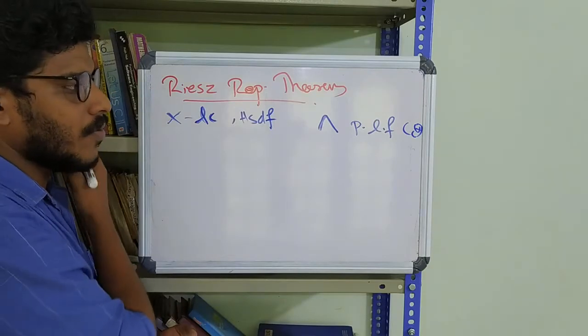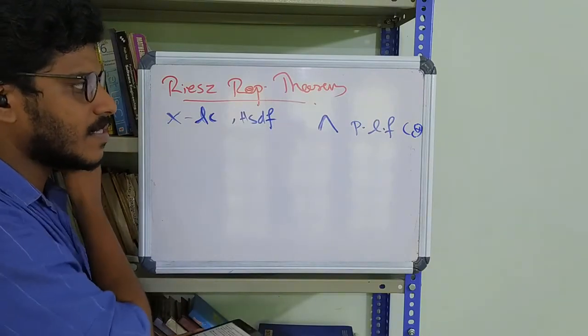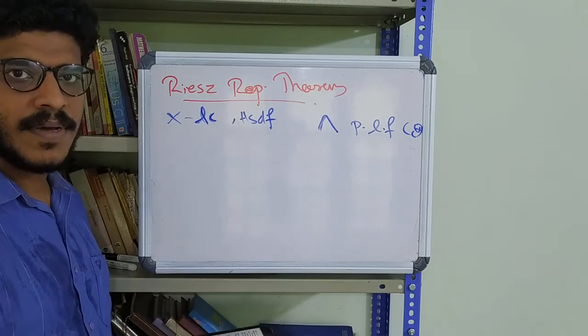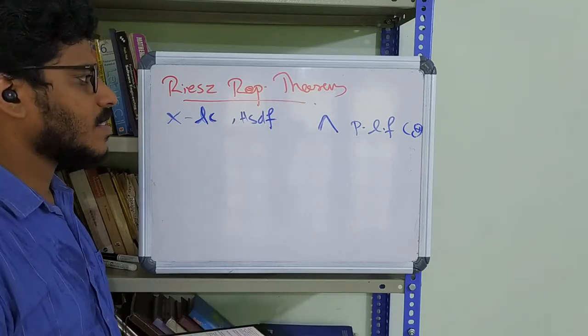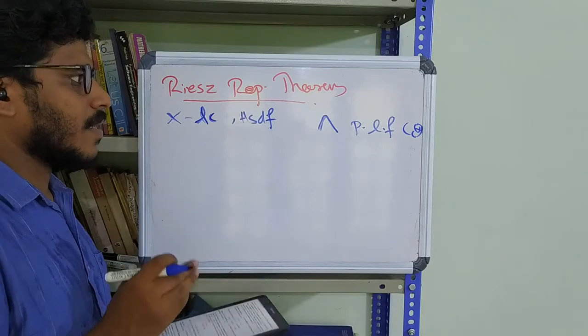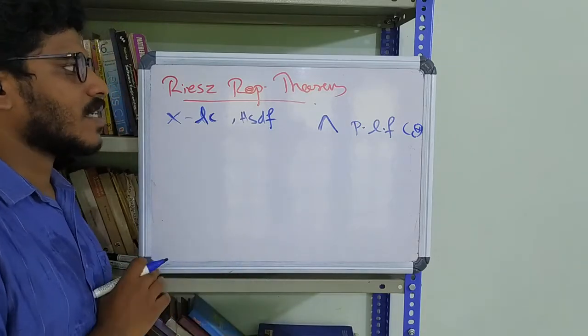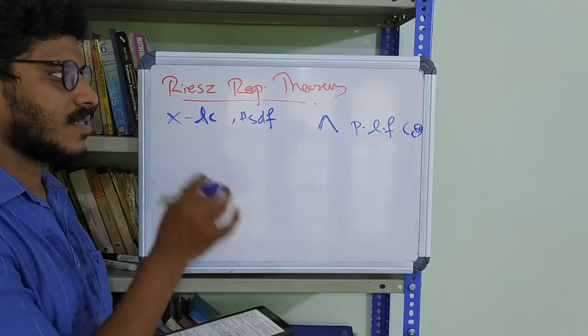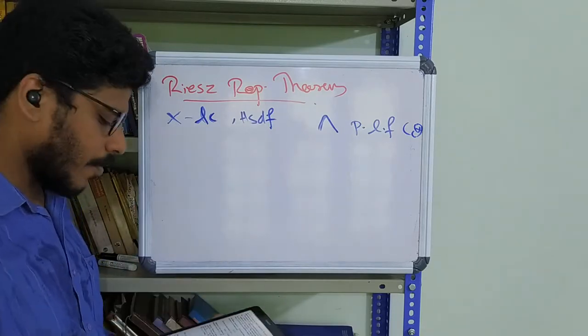I hope you all have textbooks. You may refer to the theorem from your textbook whenever you have a doubt, or you may take notes and suffer. I cannot write the whole theorem on my small board, so I'm supposed to write the major points.